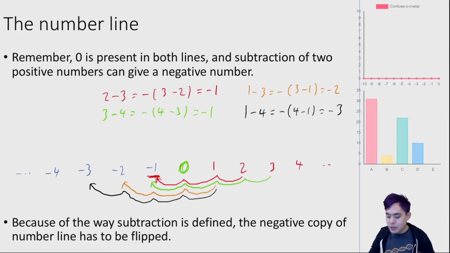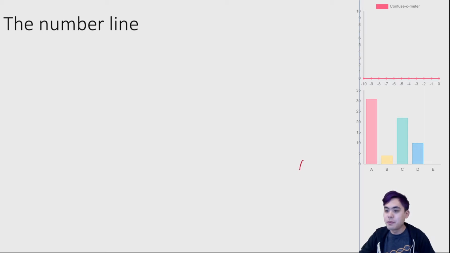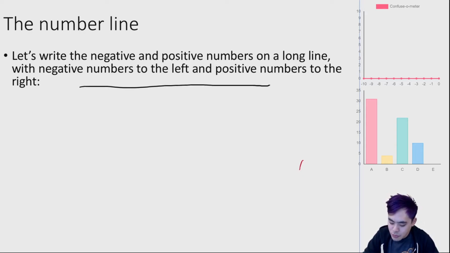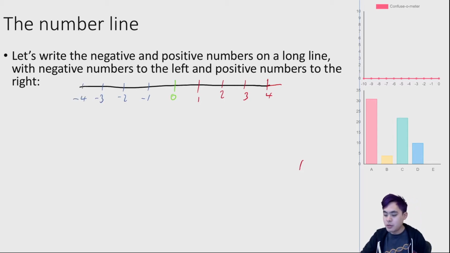And this gives us a couple other nice properties. For example, let me actually draw this out. If we draw a line, we have our 0 point, and then we have 1, 2, 3, 4, and going the other way, minus 1, minus 2, minus 3, minus 4.